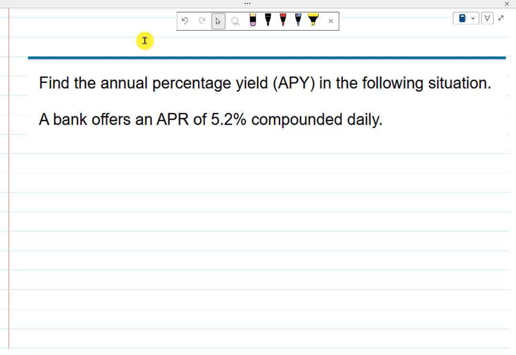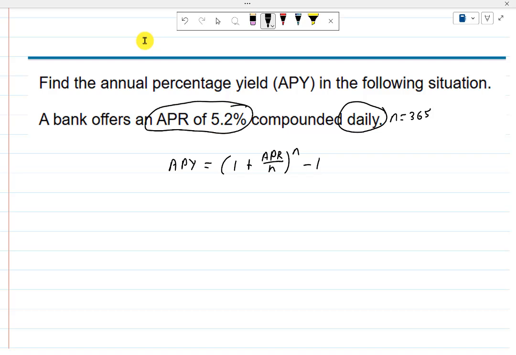We've got the formula for this. Remember, it's APY equals (1 plus APR divided by N) raised to the N, minus 1. So in our case, we have compounded daily. That means n equals 365. There's our APR right there.